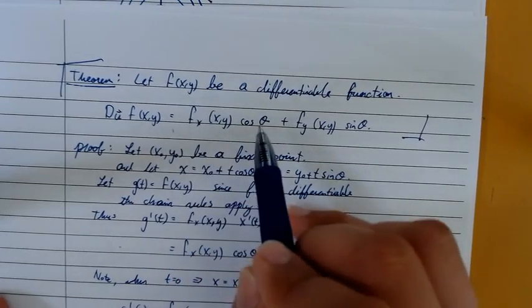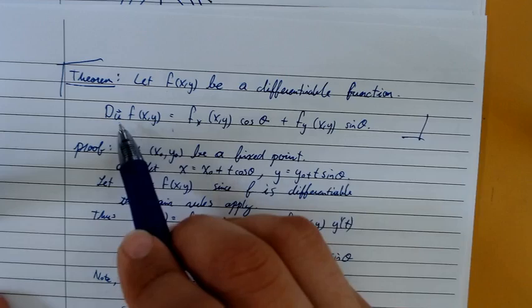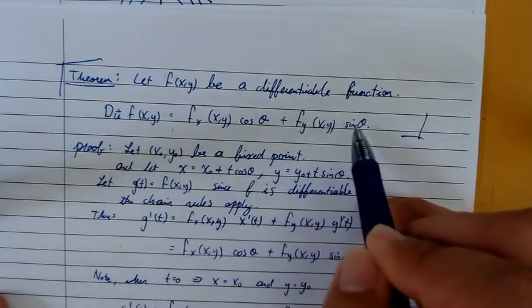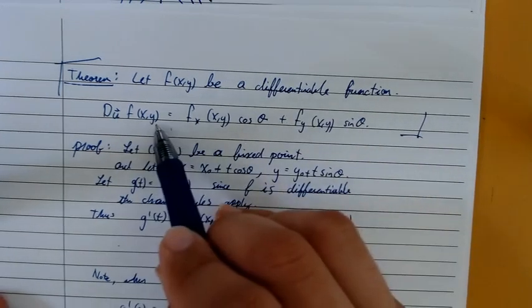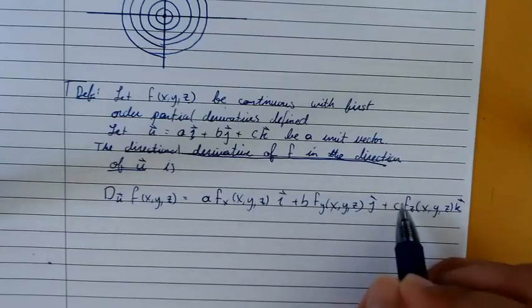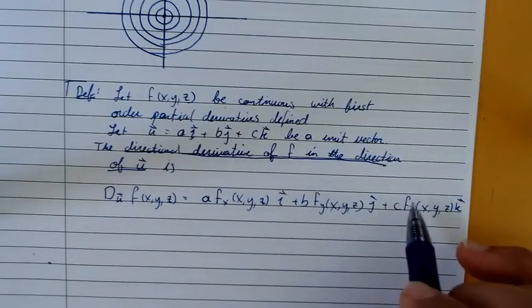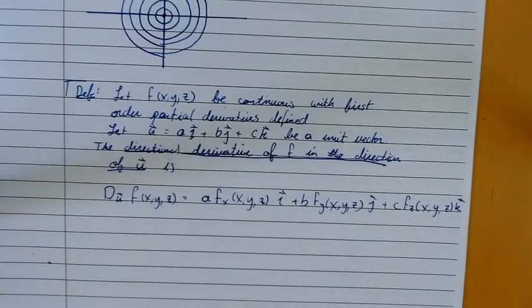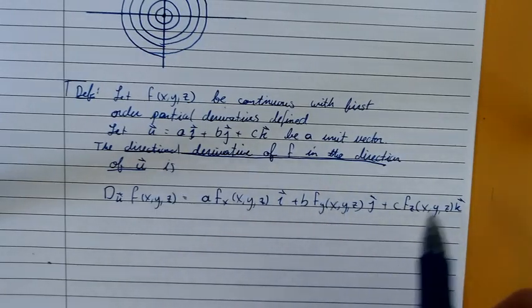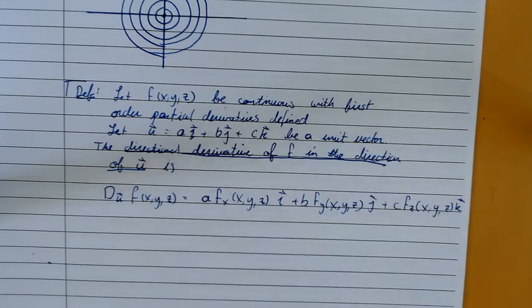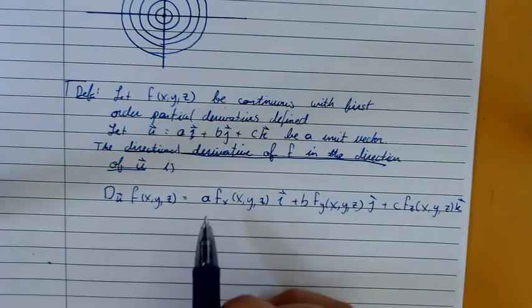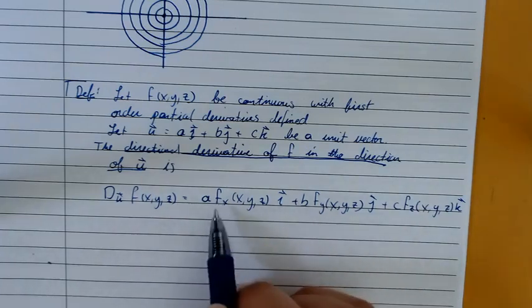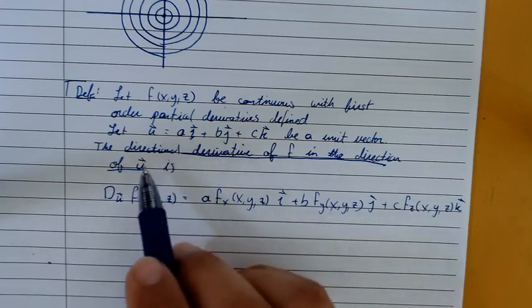It was the first partial times the first component of u plus the second partial times the second component of u, and well, now we have the third partial, the partial with respect to z, times the third component of the vector u. So it's an extension by adding the extra component and extending this into a vector space. Notice here, this a, b, and c is the unit vector.